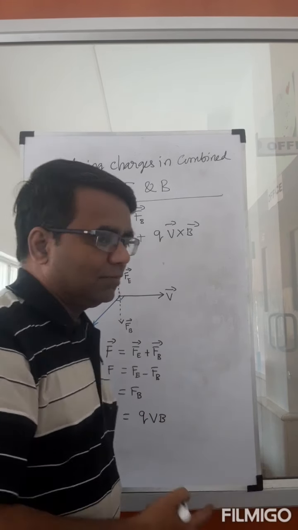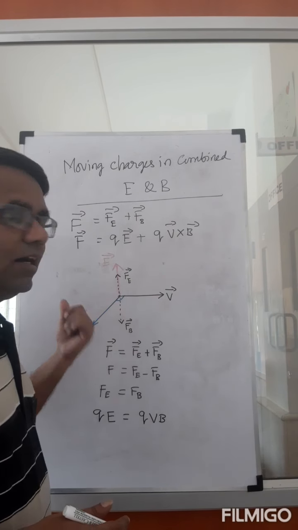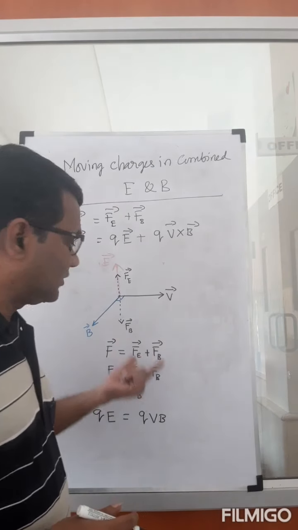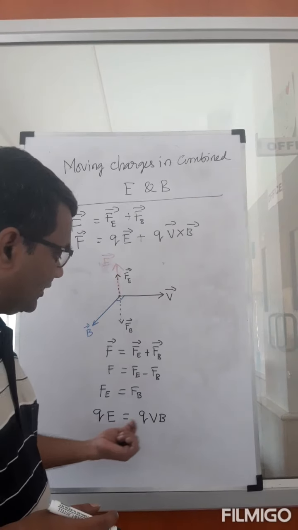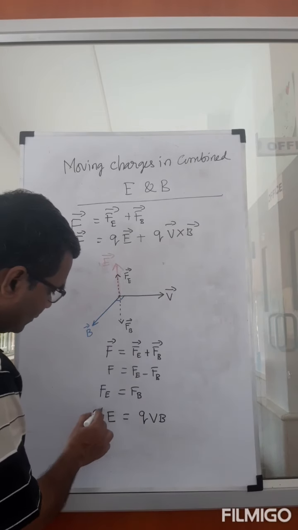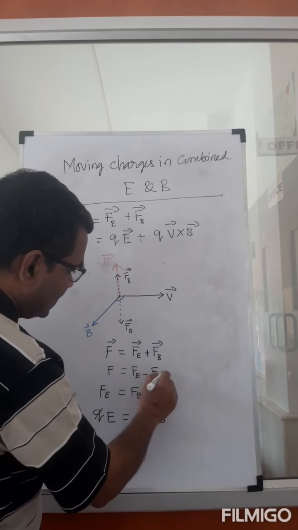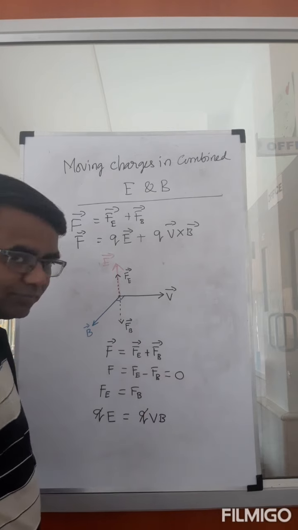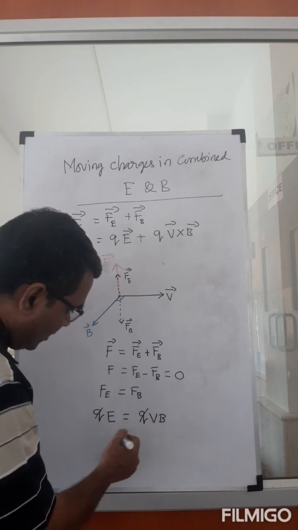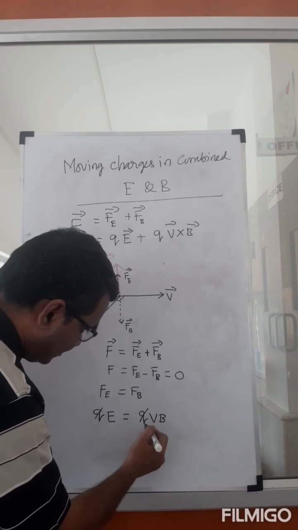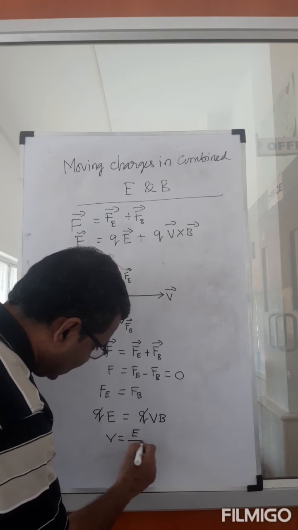But what did we say? The angle is 90 degrees between the velocity vector and the magnetic field vector. So sin 90 will be 1, so it will just be QVB. So QE is equal to QVB. So Q and Q will cancel. Look at this. Now V can be expressed as E by B.